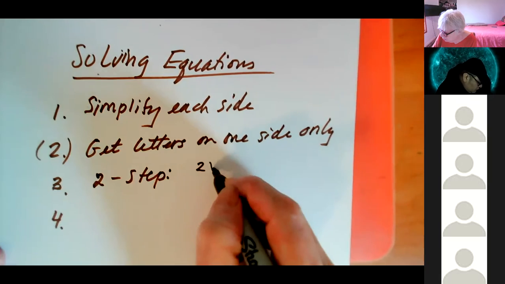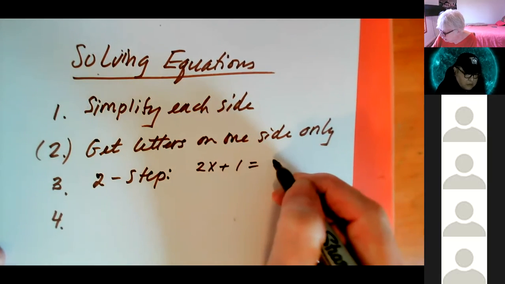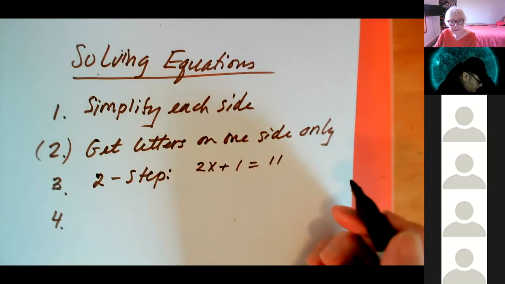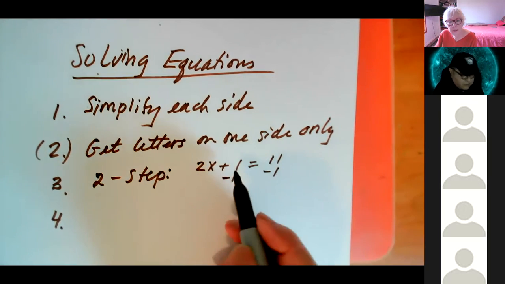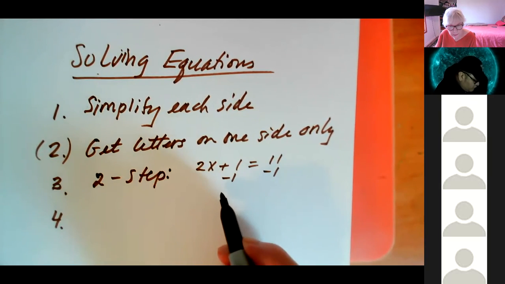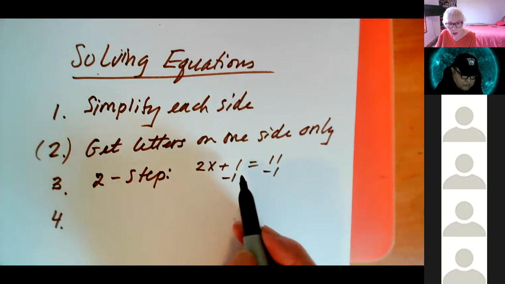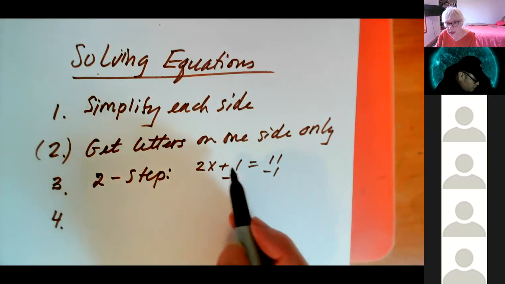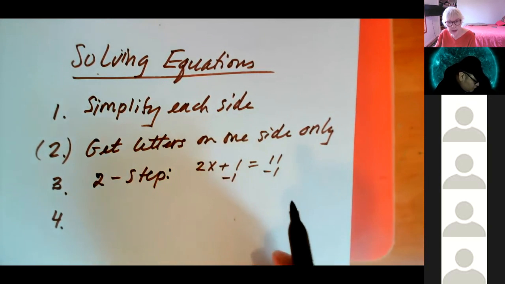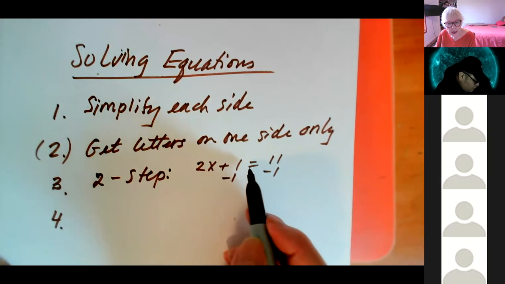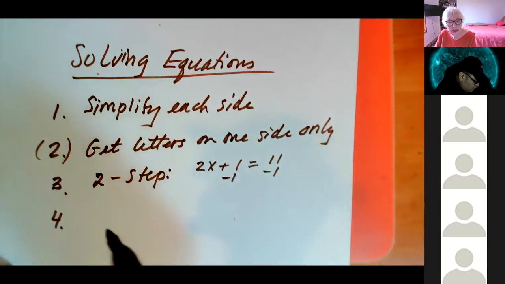So when you have 2x plus 1 is 11, you move the single number first. Always. Otherwise, you're going to get fractions, which you didn't have to begin with, so there's no reason to bring in fractions. So you move that single number first and then finish it.